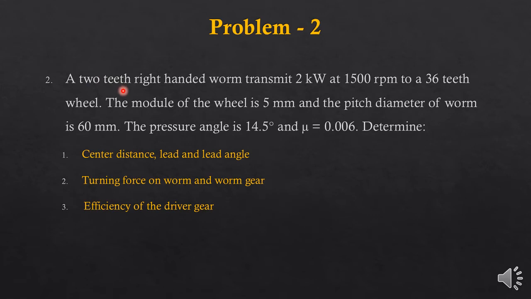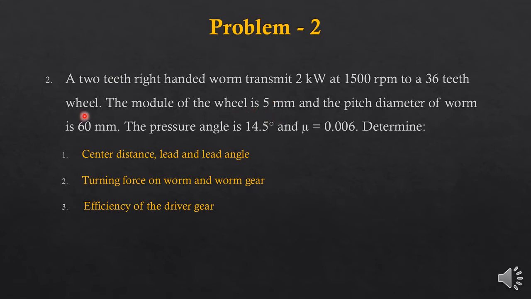Therefore Z1 is 2, power is 2 kilowatt, and the speed of the worm, the driver part of the worm gear set, is 1500 rpm. Number of teeth on the gear wheel is 36. Module of the wheel is 5 mm. This will be M2.